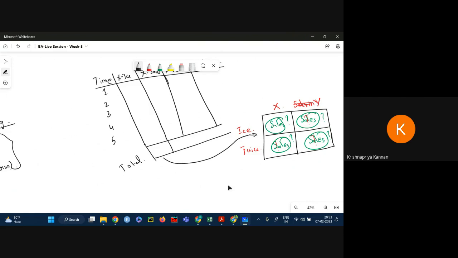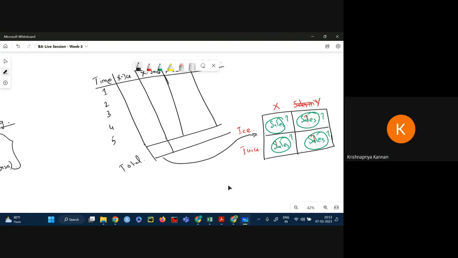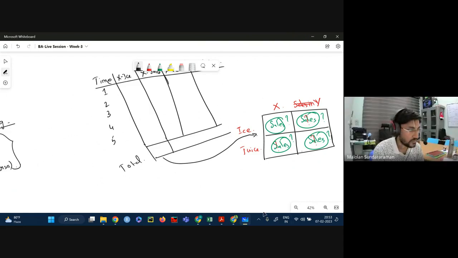You will not get the magnitude of the relationship or the direction. That means it will tell us whether they are related or not, but not whether they are strongly or weakly related. Exactly. Okay.